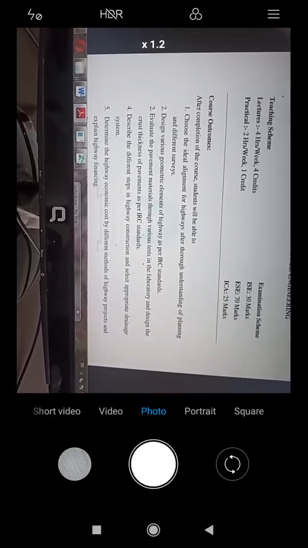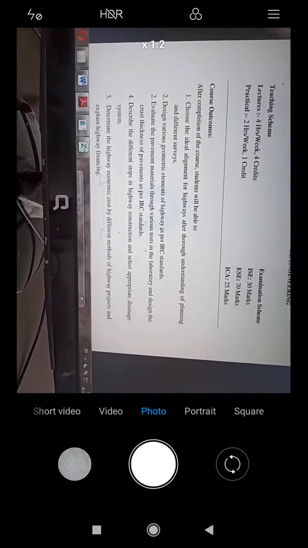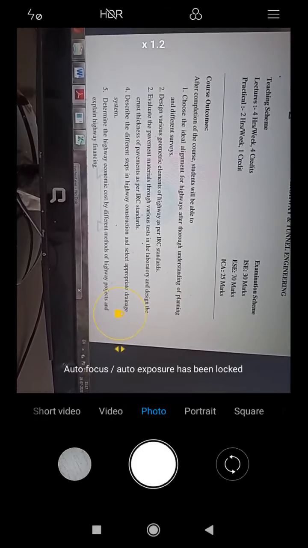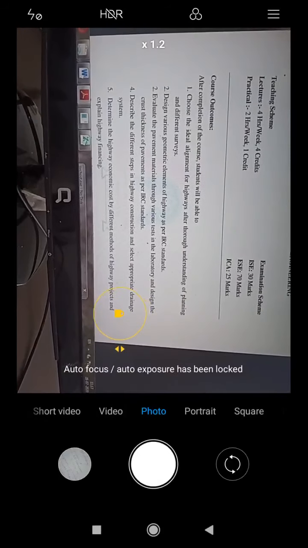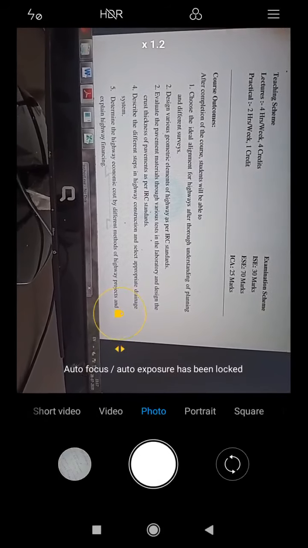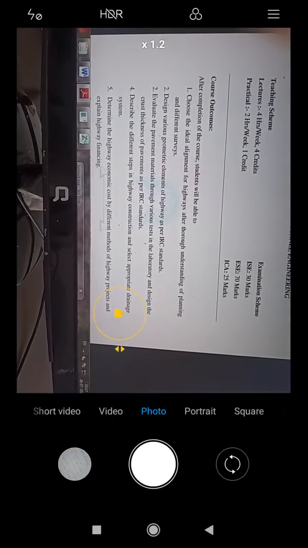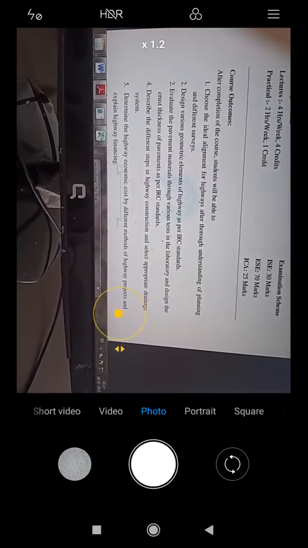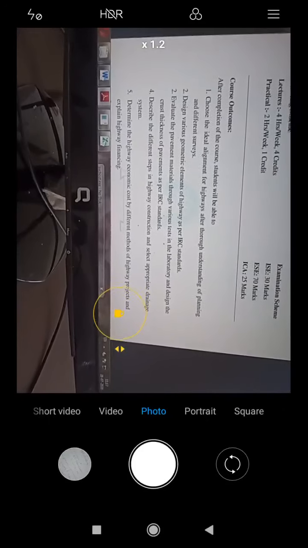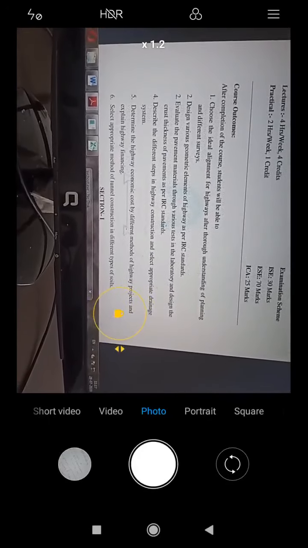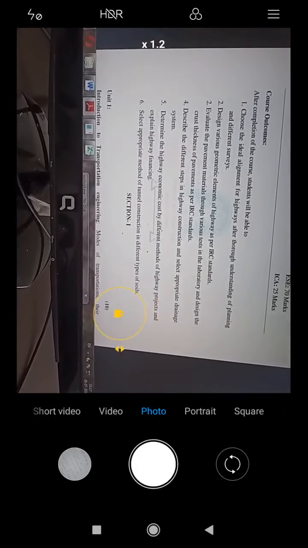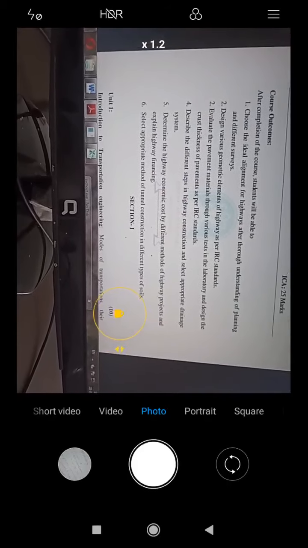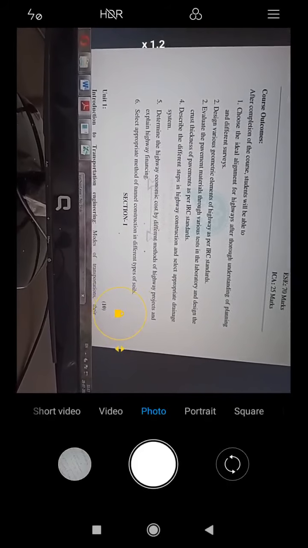The fifth one is to determine the highway economics by different cost methods, and determine the economic methods of highway projects and explain the financing. And the last one is to select the appropriate method of tunnel construction in different types of soils.